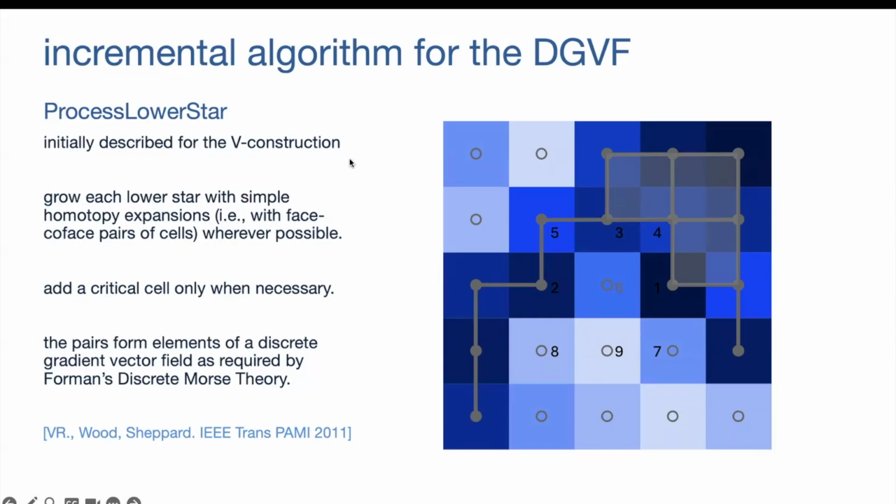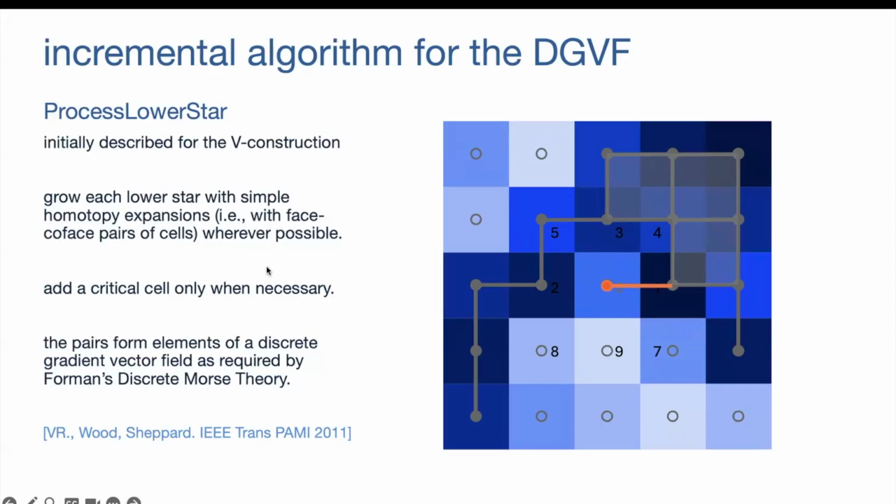And we're growing this via simple homotopy expansions, okay? So we add a pair, we have to pair cells with something of codimension 1 greater.